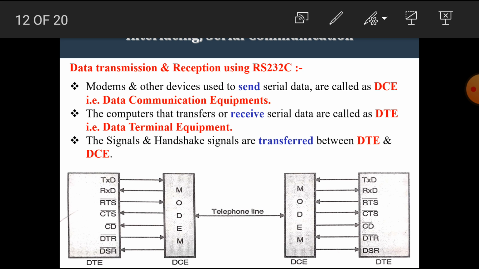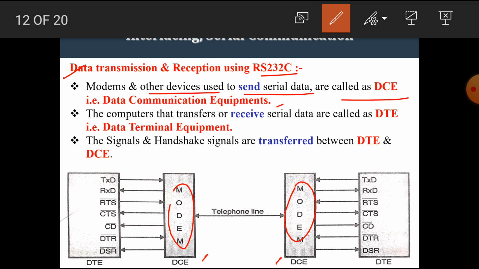Okay. Now let's see the data transmission and reception using RS-232C. Modems and other devices used to send serial data are called DCE, that is data communication equipment. Okay, that means these are the data communication equipments, also known as the modem. The components that transfer or receive serial data are called DTE, that is data terminal equipment.